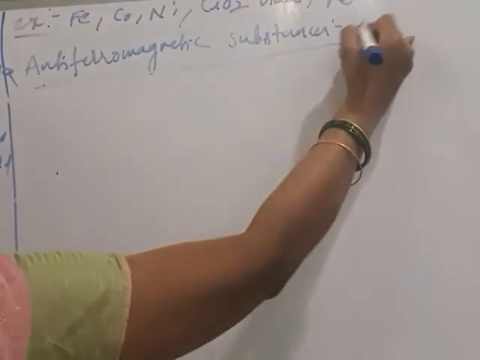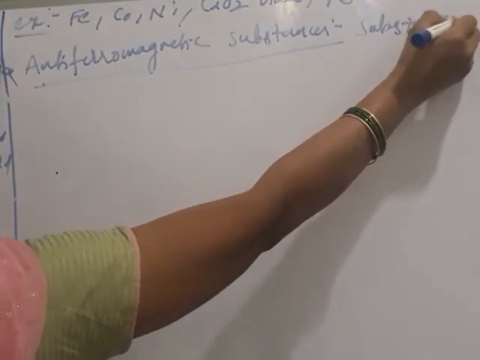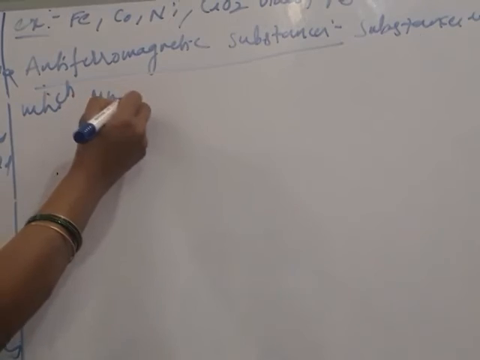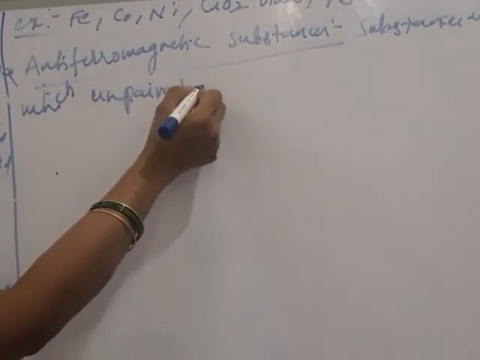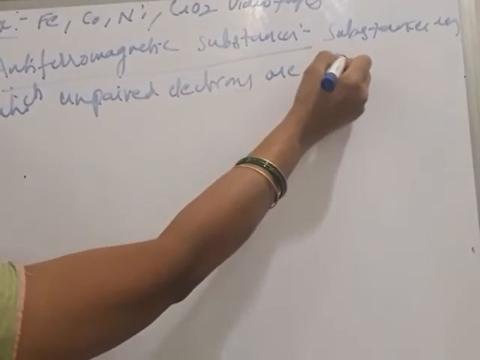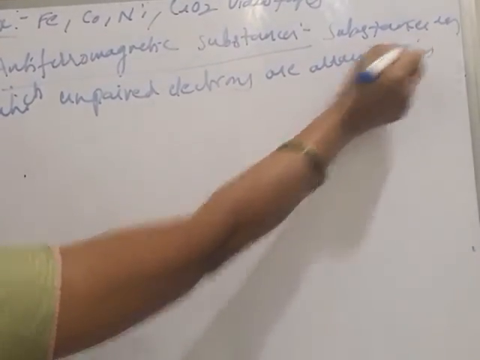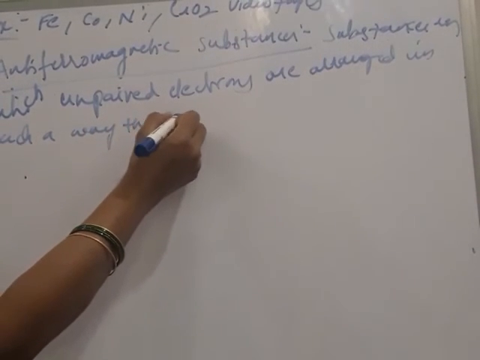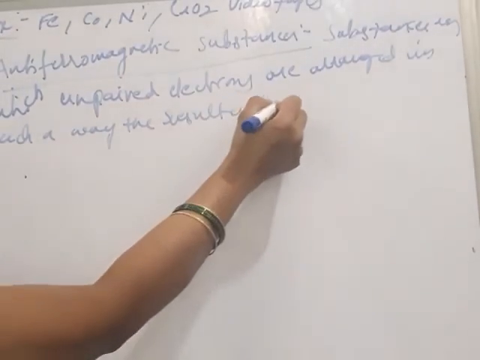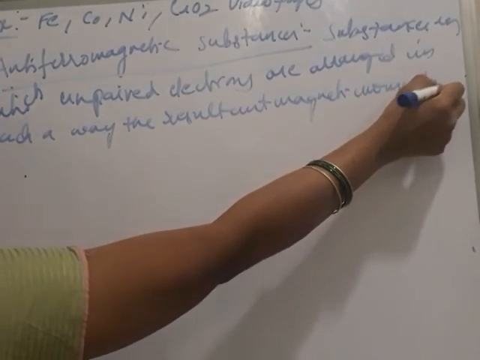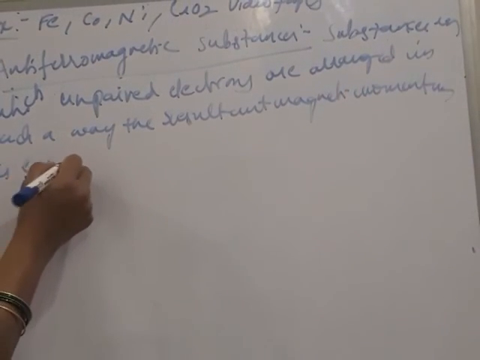Okay, so substances in which unpaired electrons are arranged in such a way that the resultant magnetic moment is equal to 0.